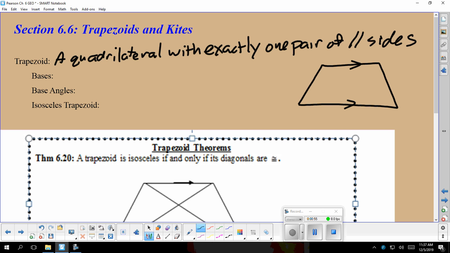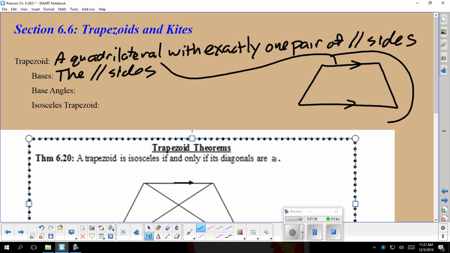The bases are always the parallel sides.